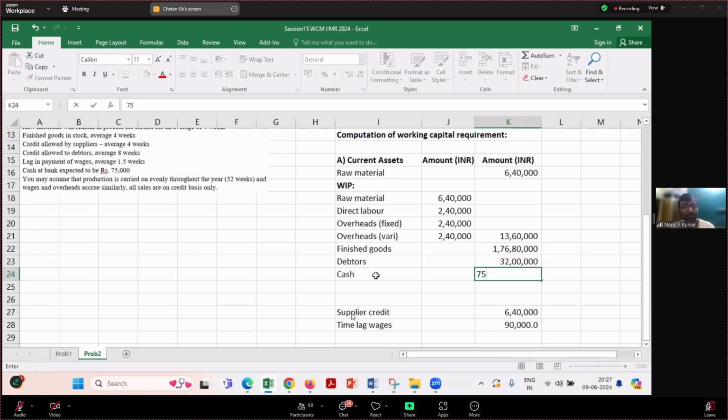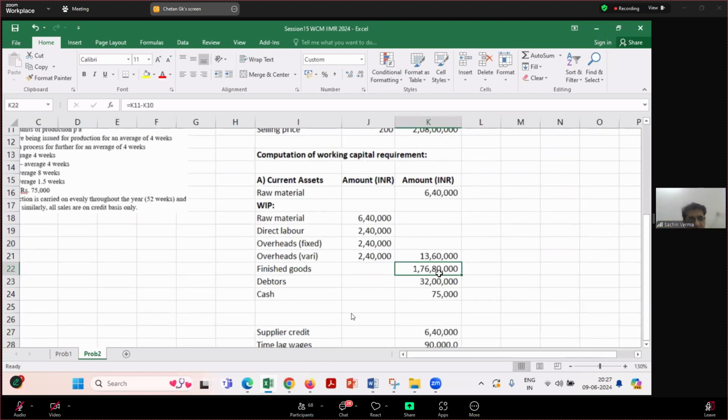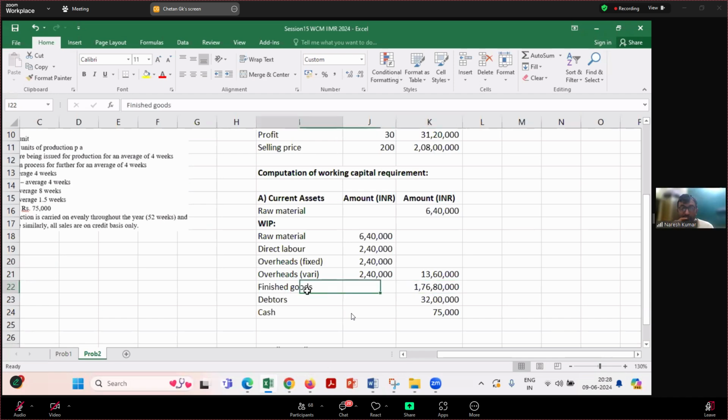Finished good calculation, right? FG, 176.80. How do we get that? Multiply with some factor also.